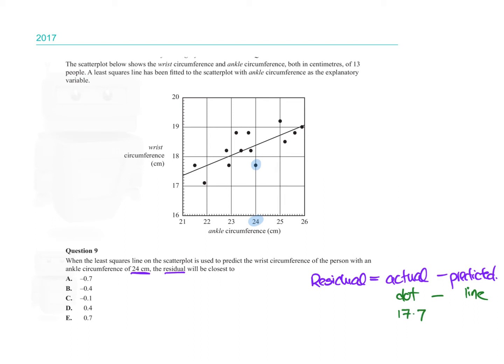And then I go straight up that 24 line till I hit the line and I read off that one. And that one is, what is it? 1, 2, 3, 4, 18.4 is the predicted. So what ends up being the residual is, what do we get? Negative 0.7, roughly.